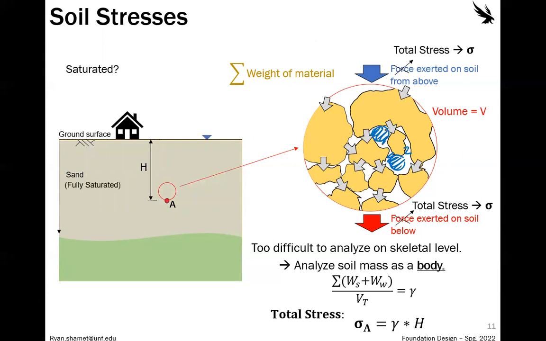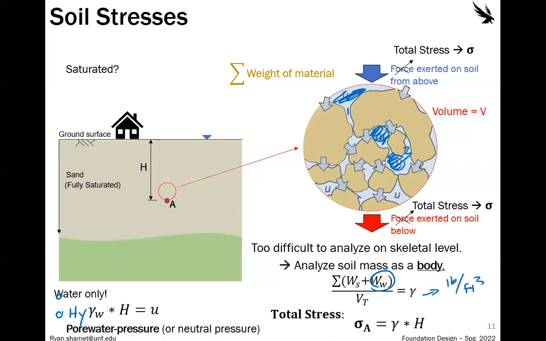Now in this little unit of volume, we also have a weight of water that is filled inside of it. So for that, we also have to include our weight of water. And we know that this unit weight of water is shown in pounds per cubic foot. And again, this is only if it's hydrostatic.